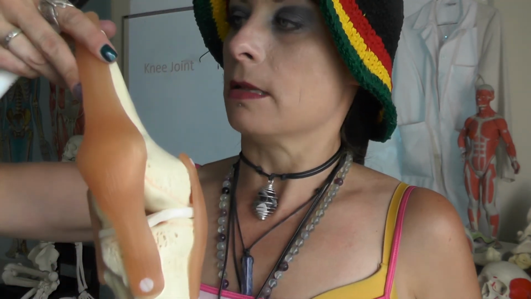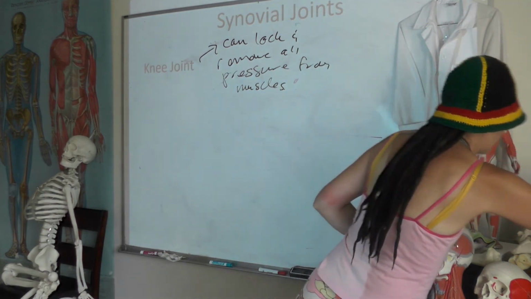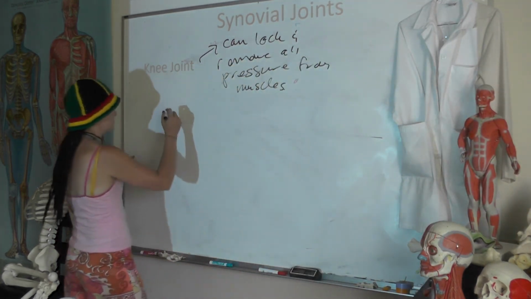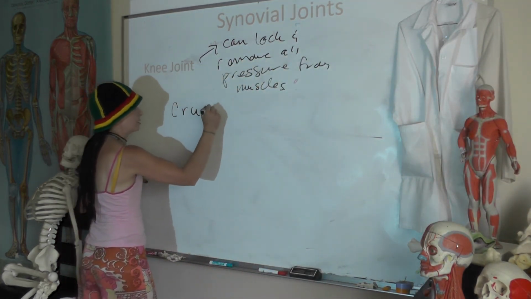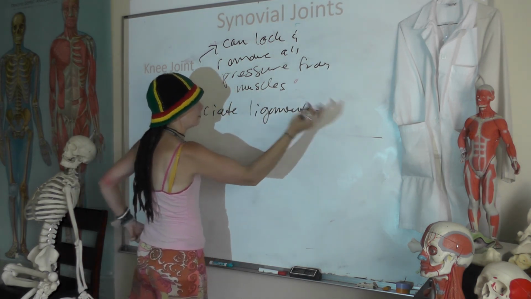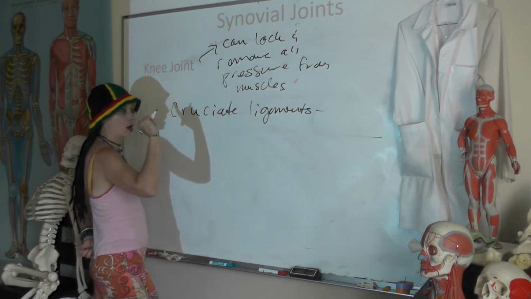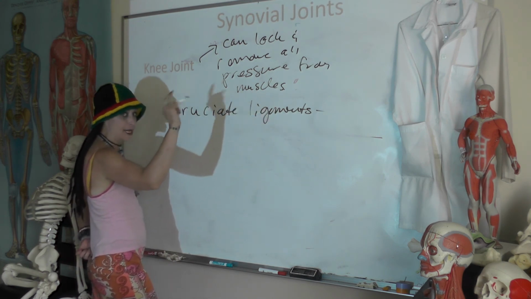Okay, now you've probably heard, oh, I tore my ACL, my PCL, whatever. We've got cruciate ligaments and collateral ligaments. So we've got two types of each. Our cruciate ligaments are going to be the ones that limit movement in the anterior and posterior direction, or we could think about that as in the sagittal plane.